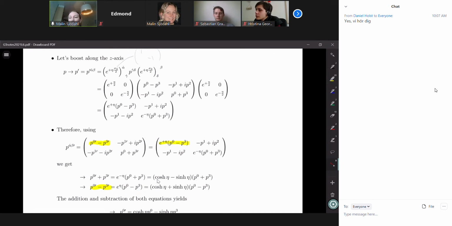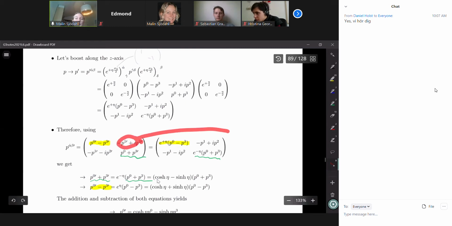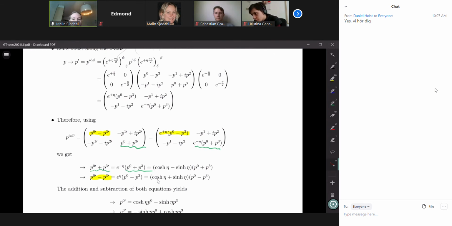And similarly, I have this component here, which should be equal to this component here. For the off-diagonal entries, I note that nothing has happened to them. This fits with p1 prime being p1 and p2 prime being p2, and the same here. So they are not transformed.